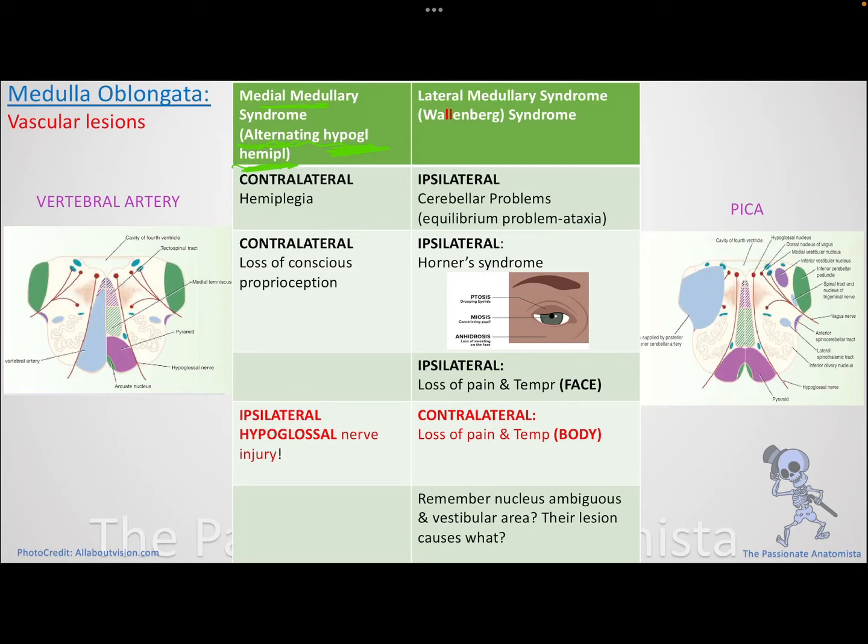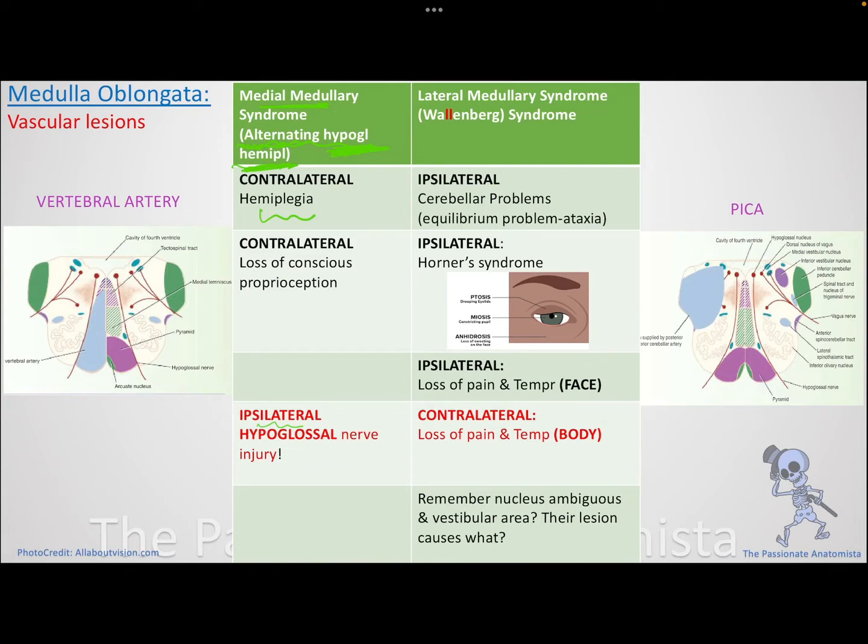Alternating hemiplegia means I will have contralateral hemiplegia in my body, and I will have ipsilateral paralysis of the most important cranial nerve related to the brainstem level.